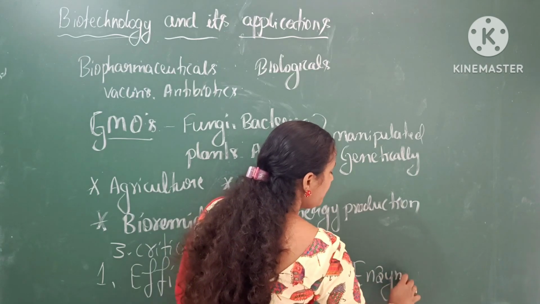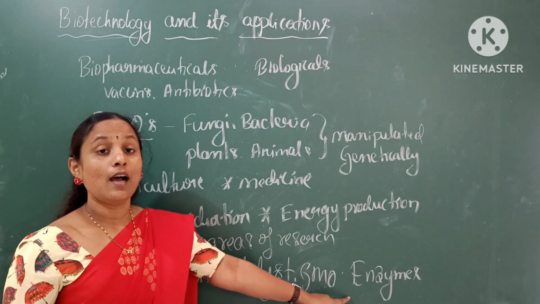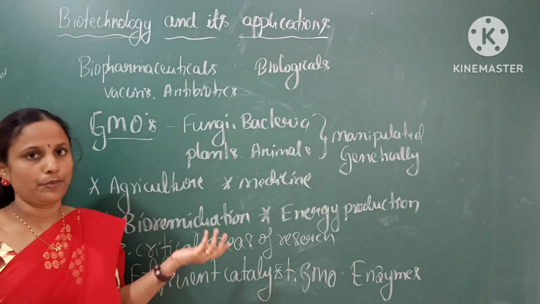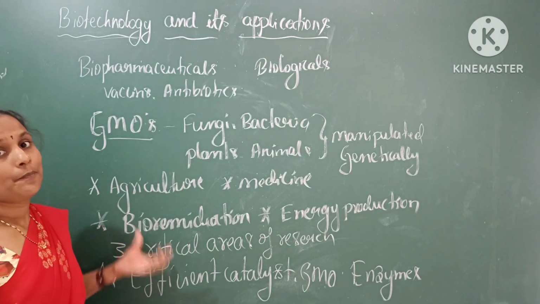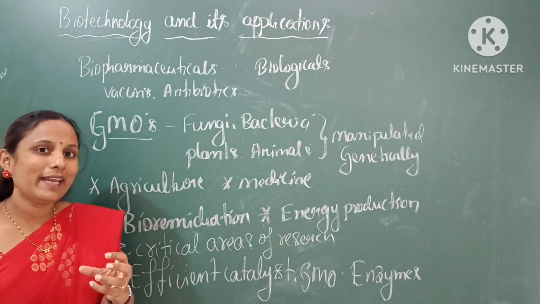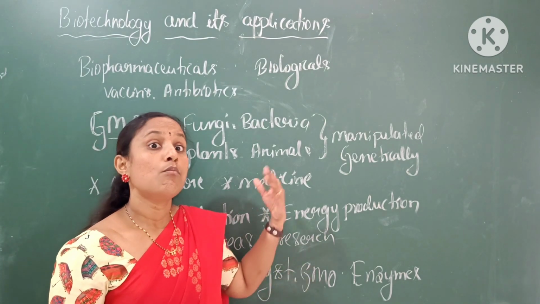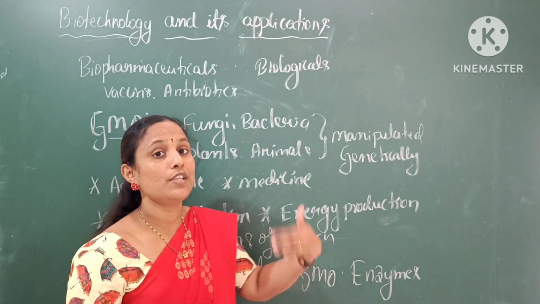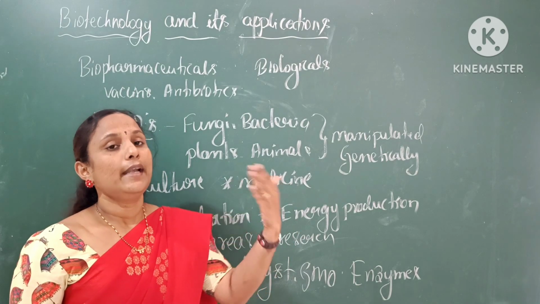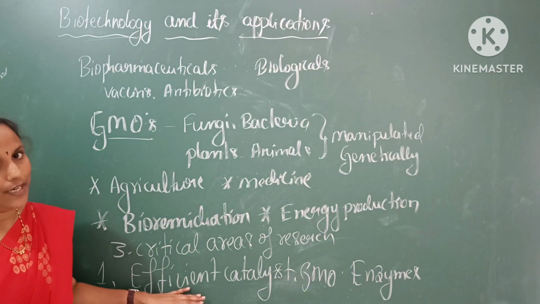That means genetically modified organisms or enzymes are used for the large scale production of any product. So the scientist will always be trying to create organisms which are efficient to produce more product, or an enzyme which is capable of producing more product or carrying out the reaction at a faster rate. So this is the first critical area of research.